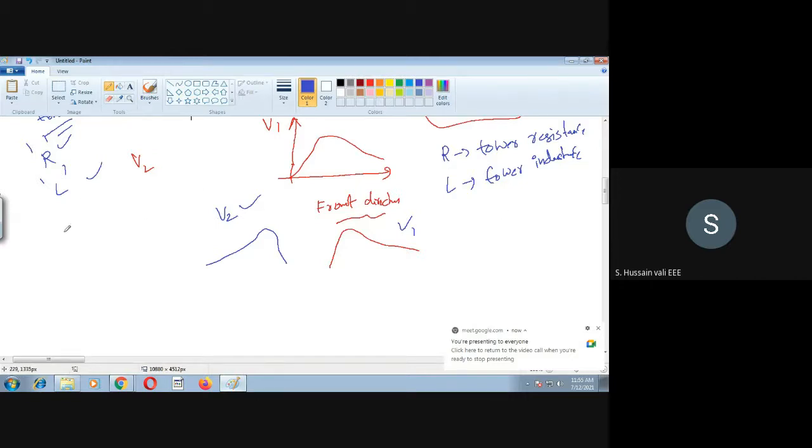If it is R, you know very well the voltage VR is equal to I into R, where I is the current flowing into the tower resistance. Whereas what is VL here? It is L di by dt, where I is the current flowing into the tower inductance. So these are the basic things.